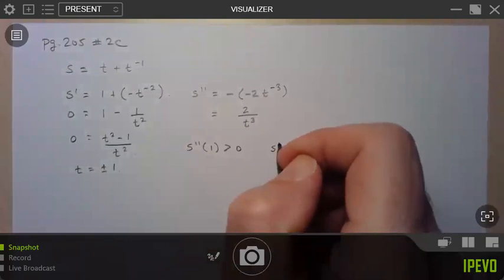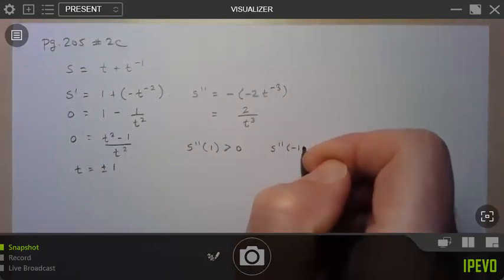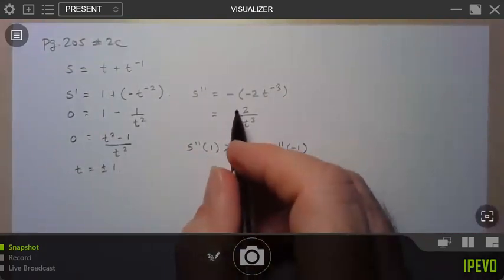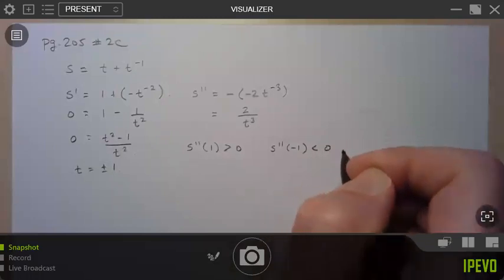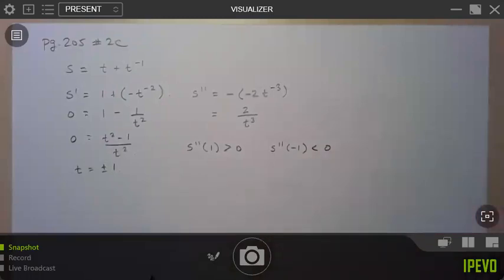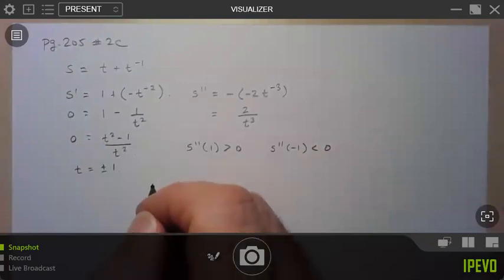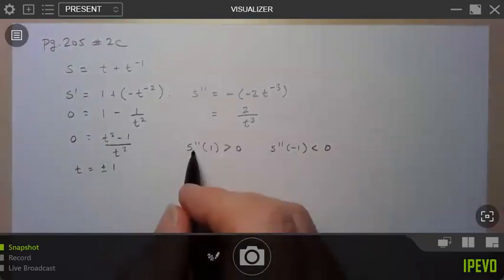And then when we take S double prime at negative 1, well, here, negative 1 cubed is still going to be negative, so this is going to be less than 0. All right, so at this point, I can now make my conclusion.